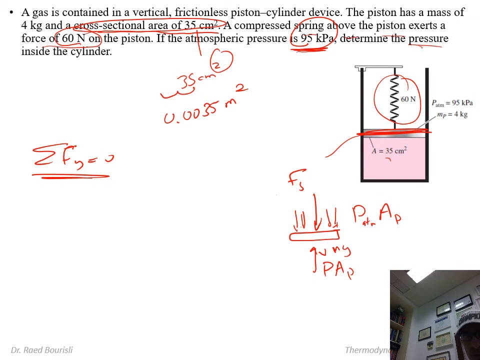So this is mg. All of these are downward; the only thing that's upward is the gas force. So P A of the piston, positive, equals F spring plus P atmospheric A plus mg.